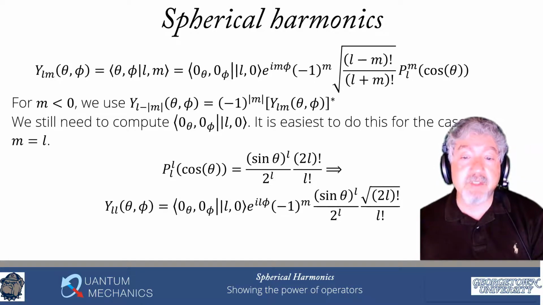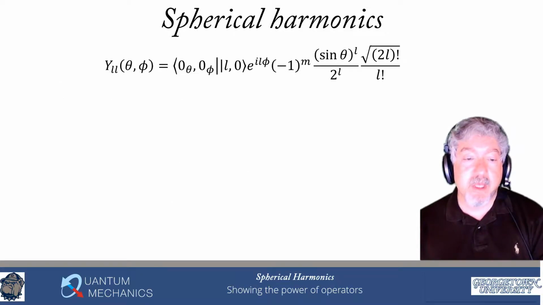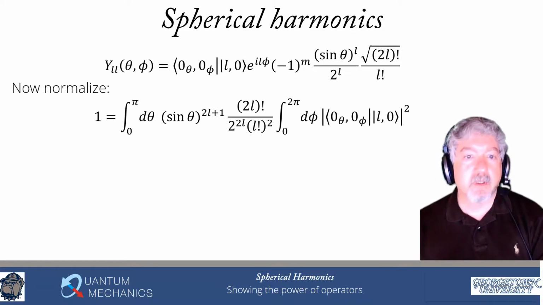We take the absolute value modulus squared of that and integrate it over the spherical angles, the theta and phi integrals over the surface of a sphere. And so what we get is 1, because it has to equal 1.